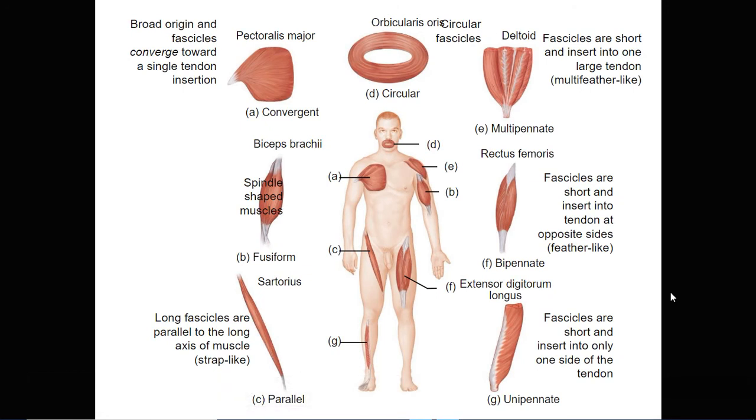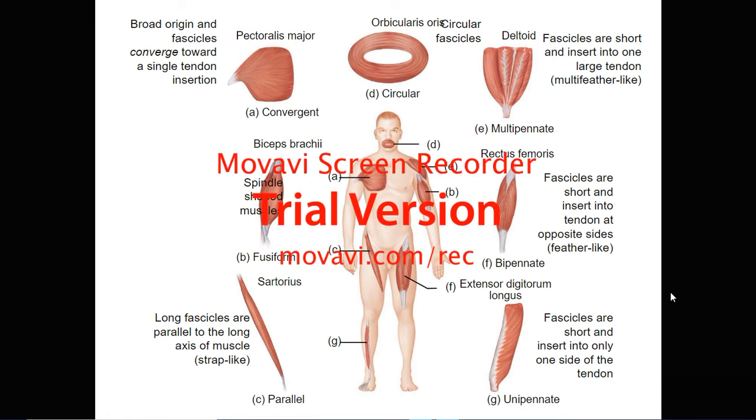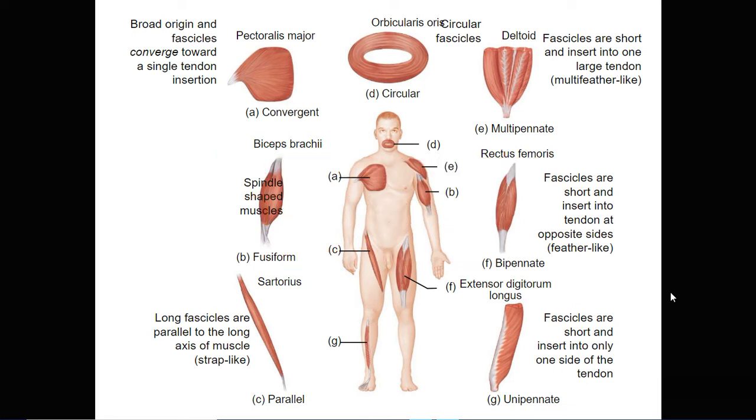So all skeletal muscles consist of fascicles, and if you remember from our previous lecture, a fascicle is just a bundle of muscle fibers. But the fascicle arrangement varies, resulting in muscles with different shapes and functional capabilities.